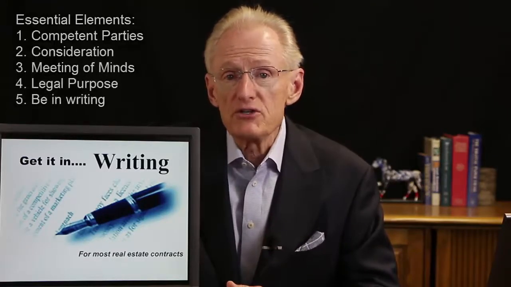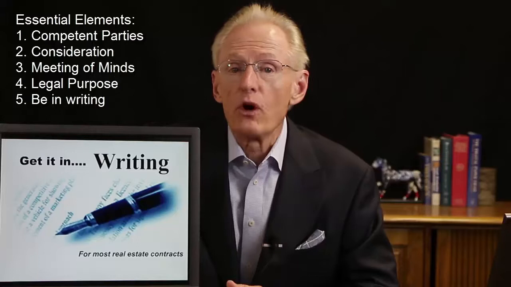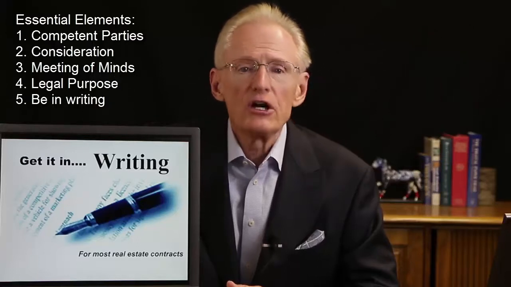Now, those first four, competent parties, consideration, a meeting of the minds, and a lawful purpose, are essential to all contracts. Most real estate contracts are required to be in writing in order to be enforceable according to the Statute of Frauds. But as we mentioned a few minutes ago, leases for 1 year or less technically are enforceable even though they may not be in writing.